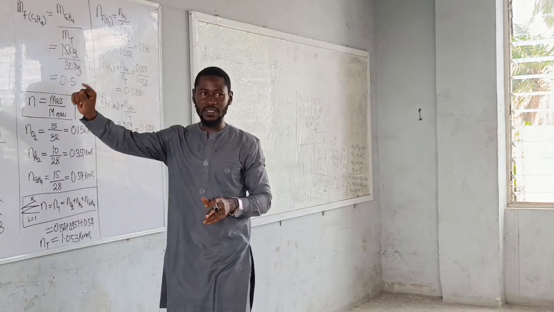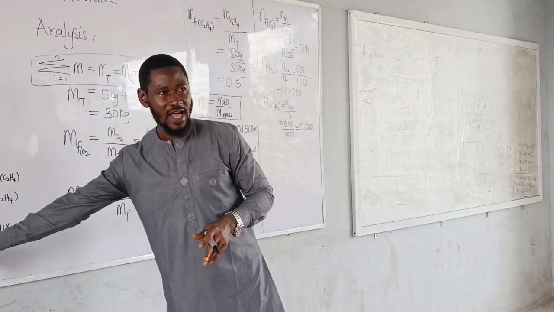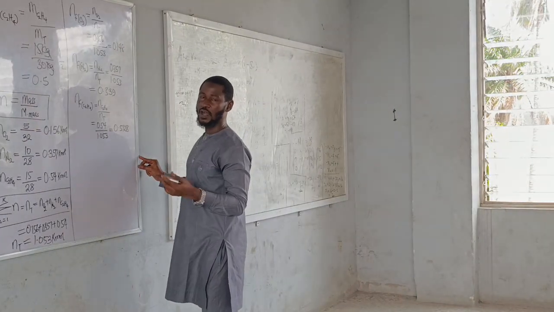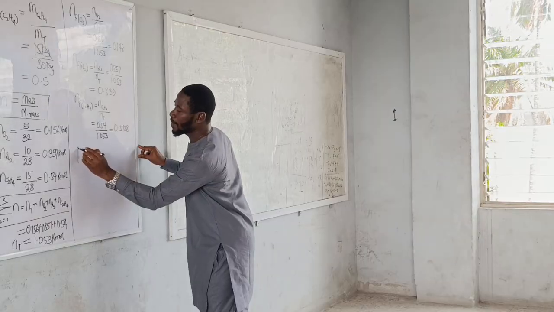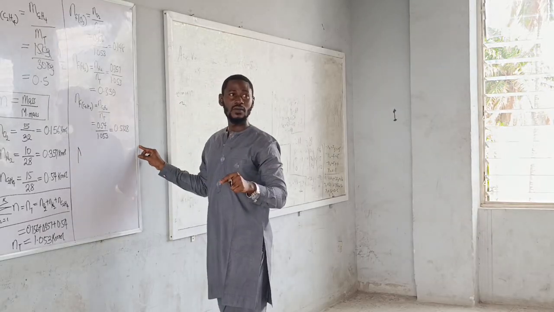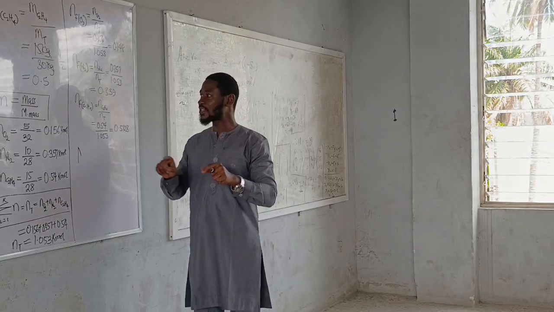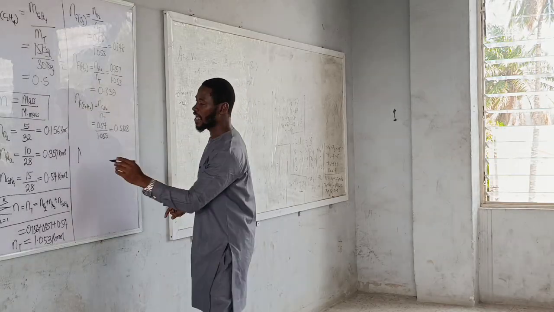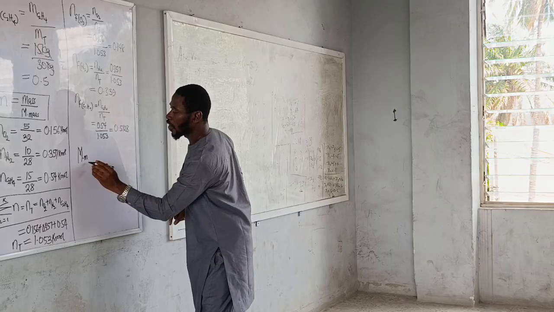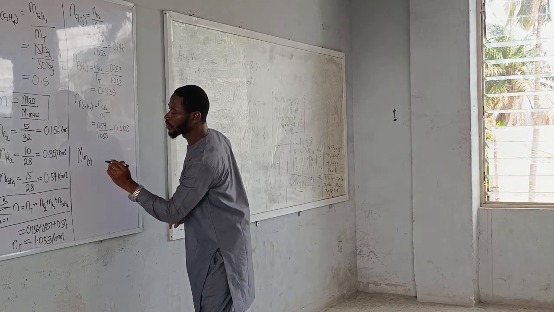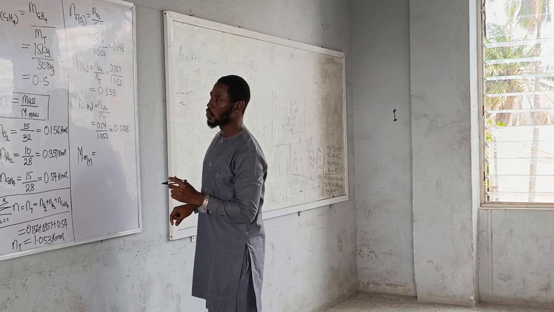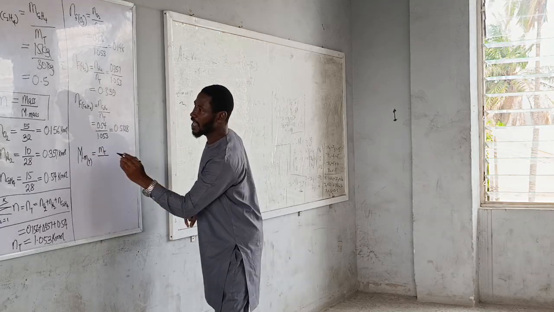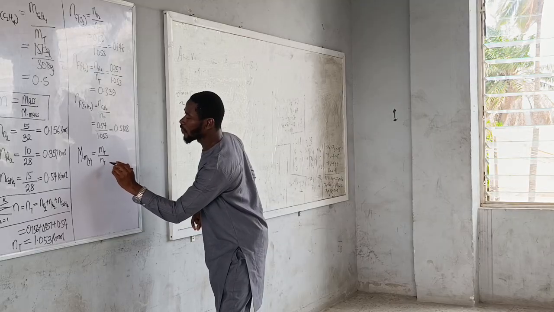Now let's go back to the third thing that we are asked to determine, the molar mass of the mixture. How do we calculate the molar mass of the mixture? Since number of moles equals mass over molar mass, we can easily make molar mass the subject of the formula. Molar mass of the mixture, let me use T for the mixture, equals total mass divided by total number of moles.